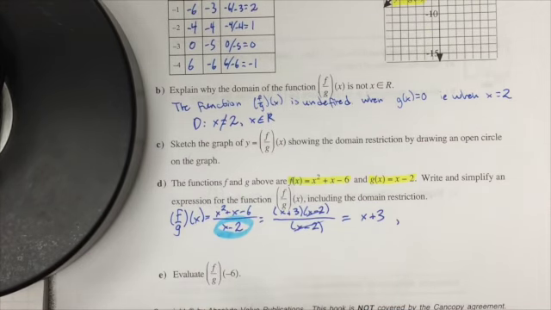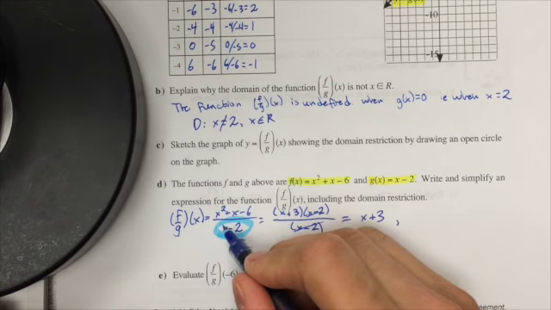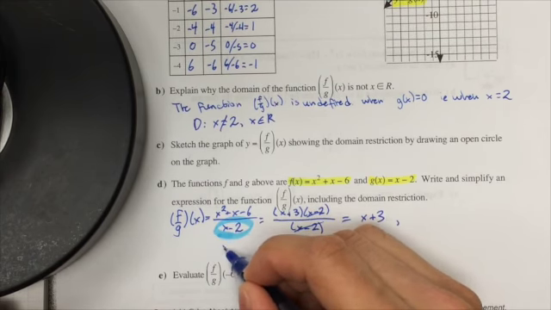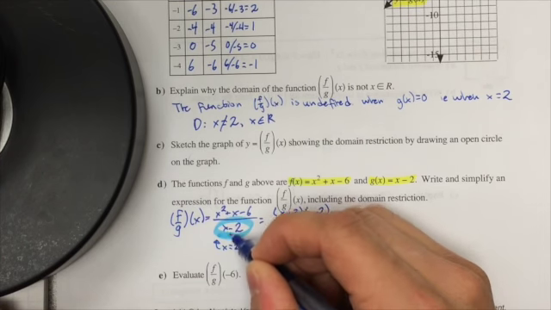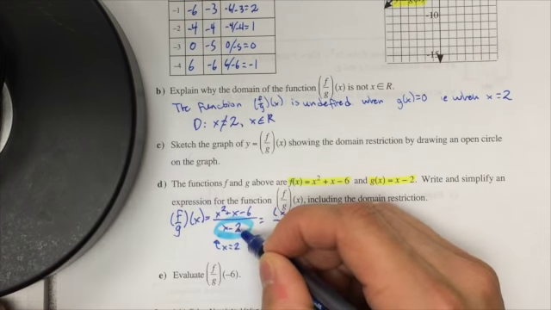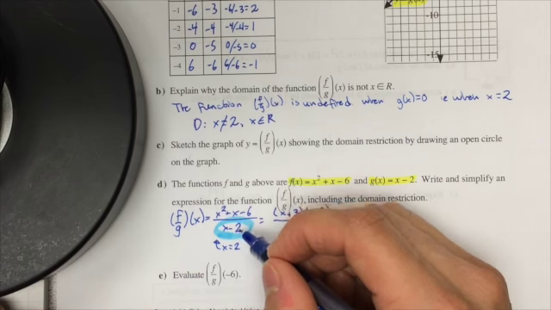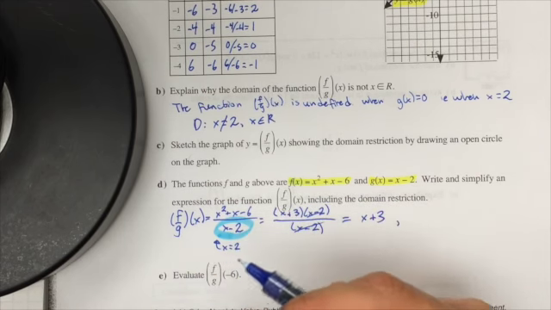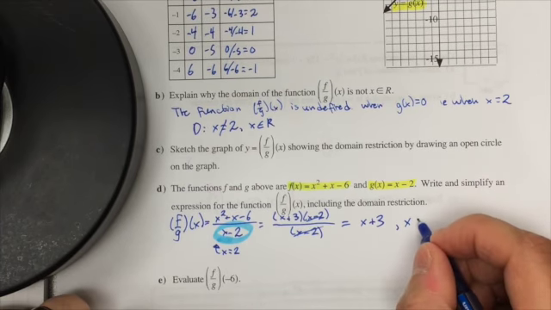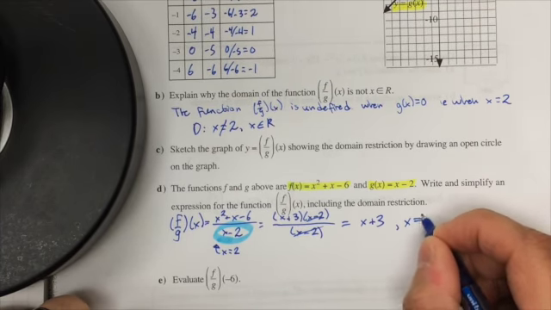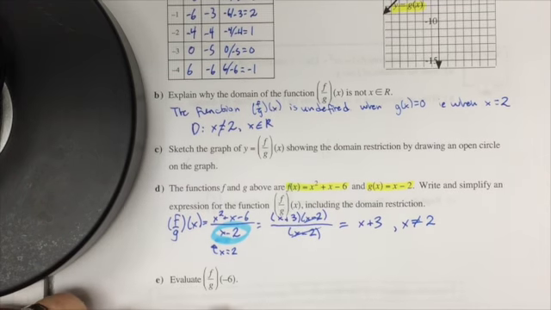And remember, we can't divide by 0, so if I were to insert x is equal to 2 into the above expression, we are going to get 2 subtract 2 on the bottom, which is 0, and we'll have a divide by 0 error in the end. And so we also need to state our restriction: x cannot equal 2.